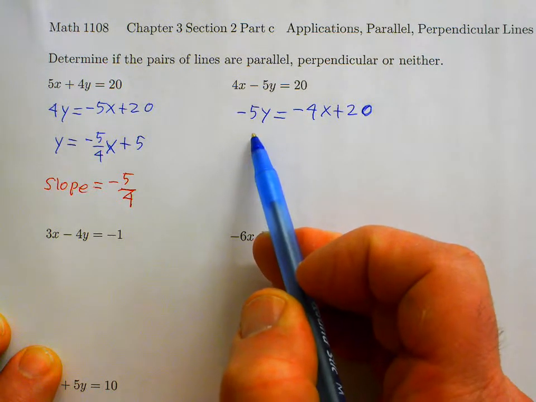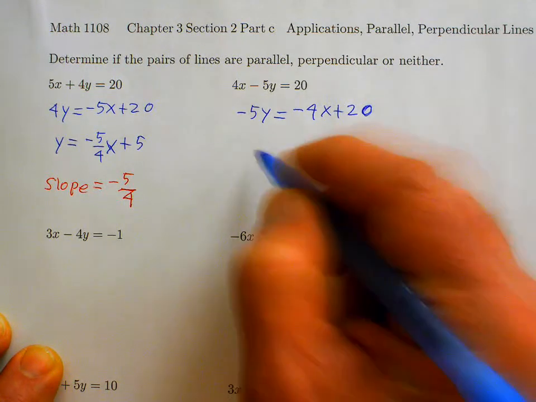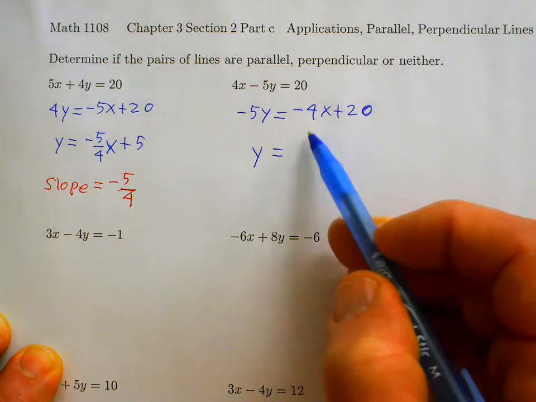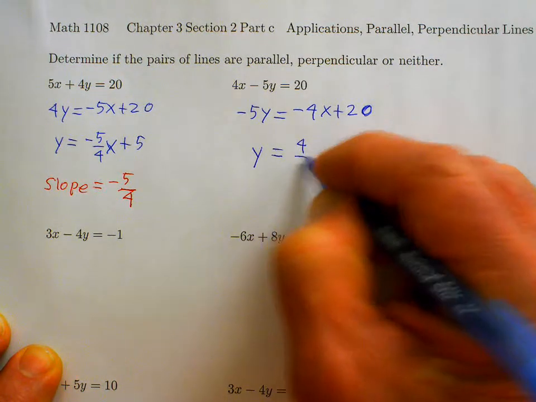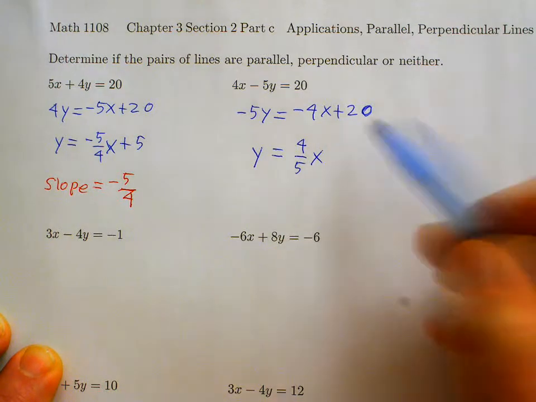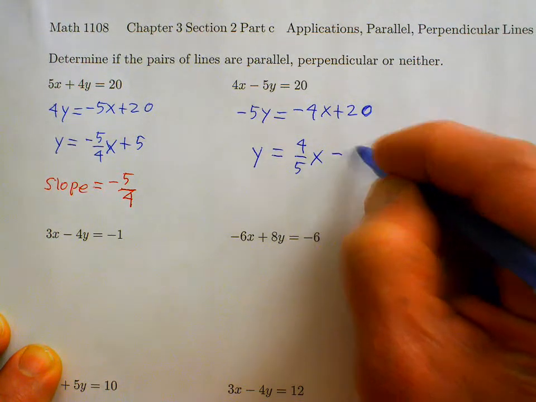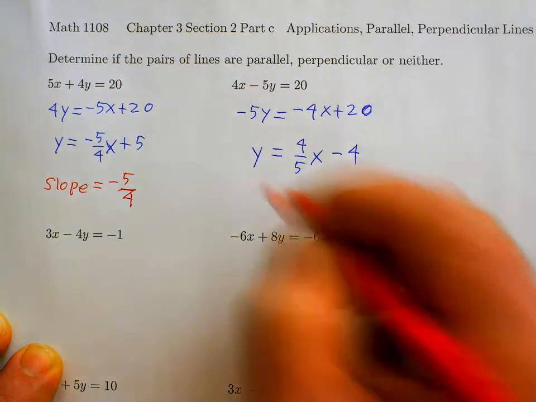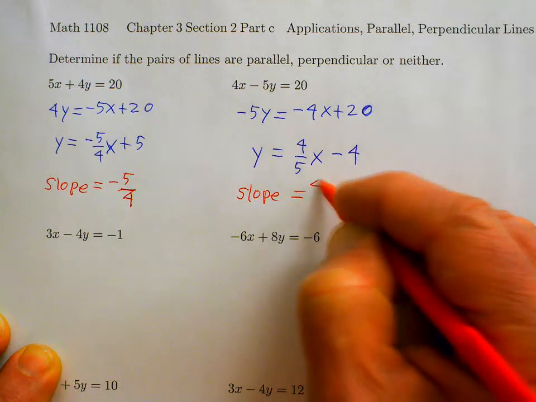Negative 5y divided by negative 5 is y. Negative 4x divided by negative 5 is positive 4/5 x. And 20 divided by negative 5 is negative 4, so we write minus 4. The slope of this line is positive 4/5.